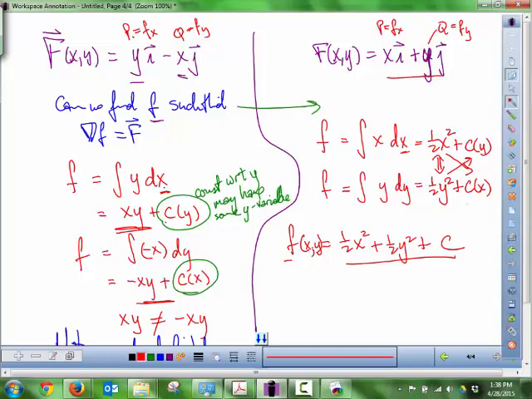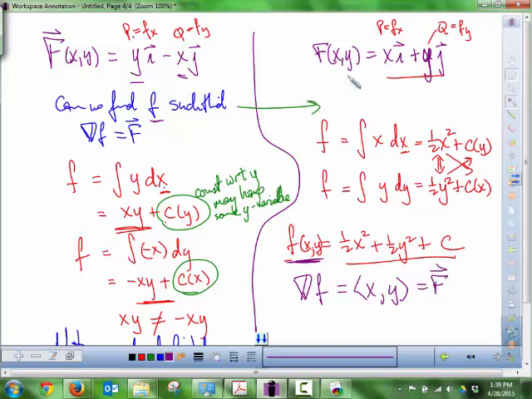But it's also a gradient field because we just found out by finding this function, if you were to take the gradient of this function, this is actually going to exactly equal the original vector field that we were working with. Okay?